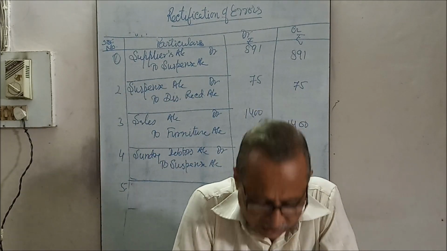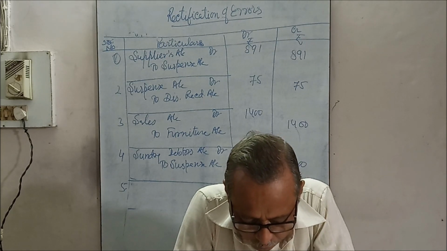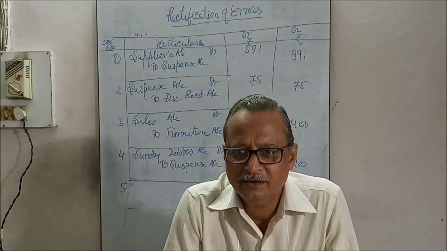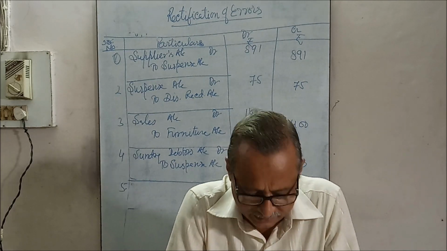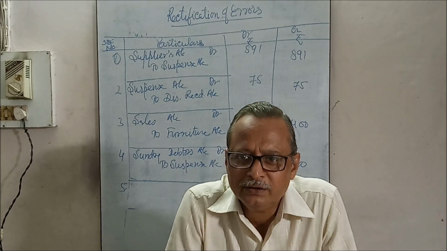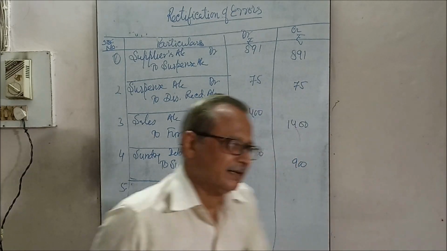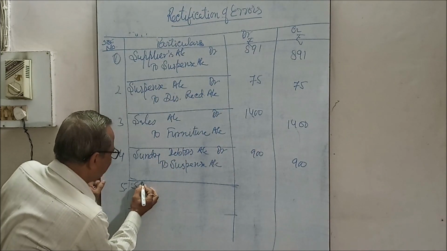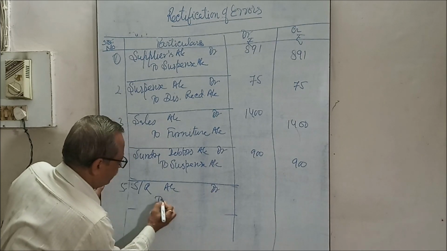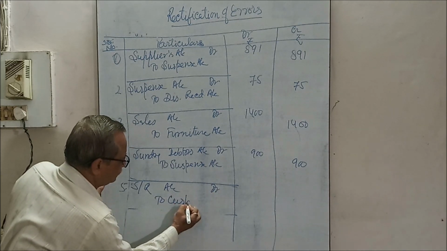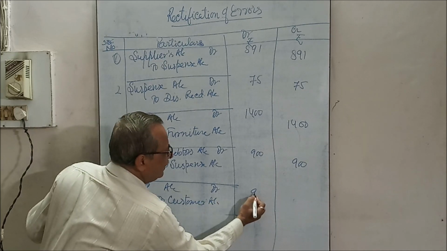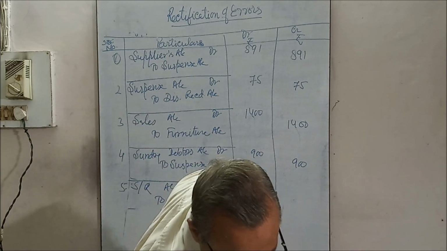The goods of the value of 3000 returned by a customer were taken to the stock, but no entry was made. This is a complete omission. So it is a double-sided error, and we will pass the entry as sales return account debit to customer account, 3000.